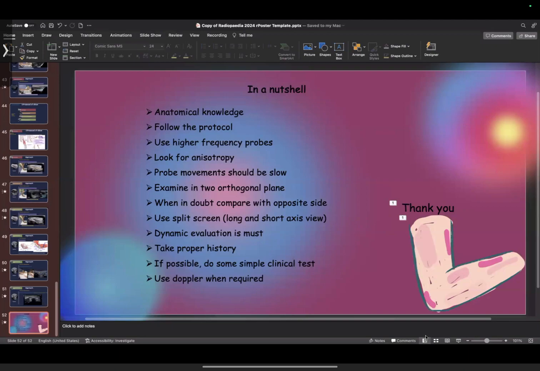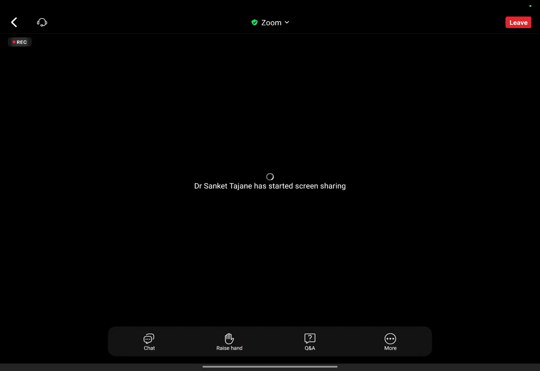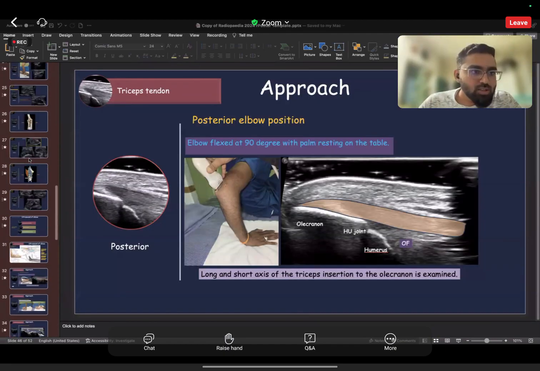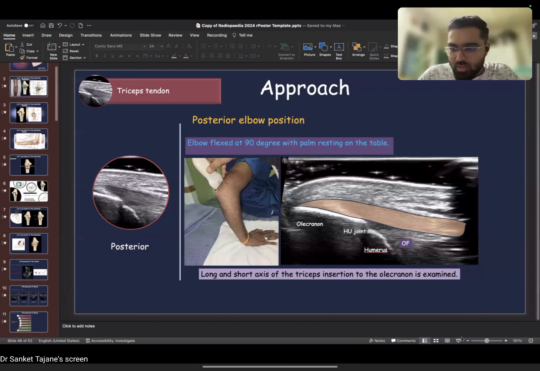Close the share screen, stop and share again. Yeah, I'll just answer the first question.